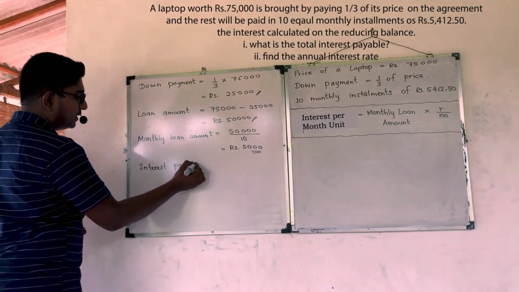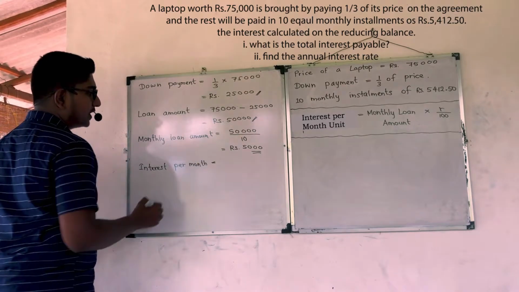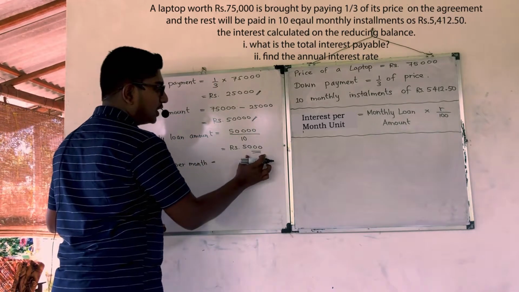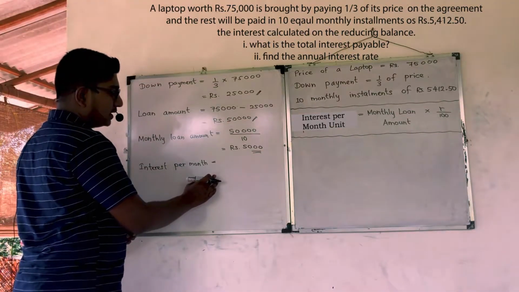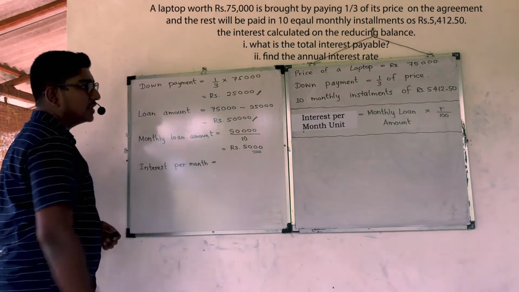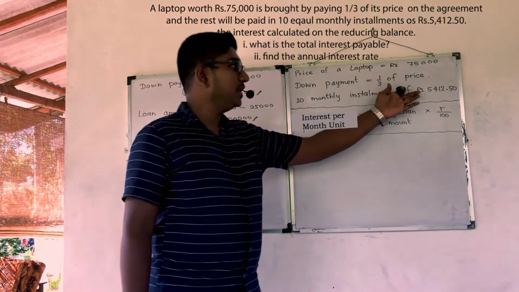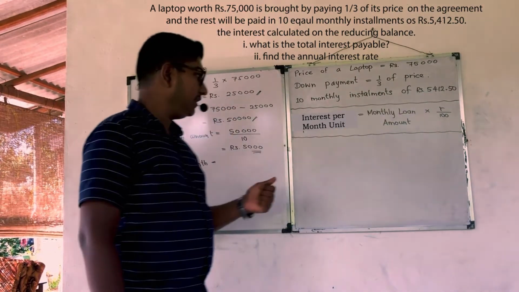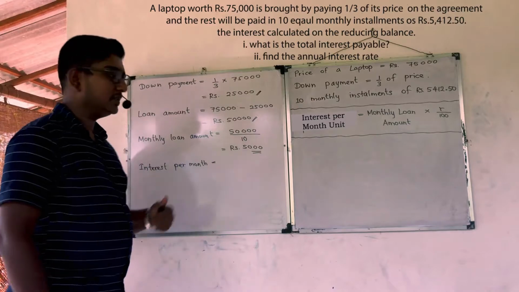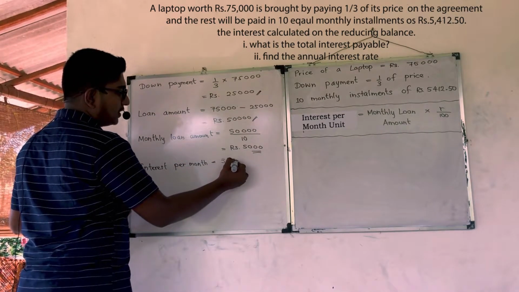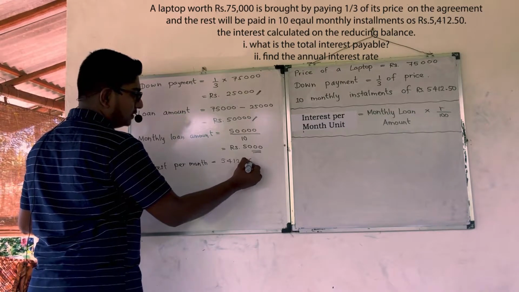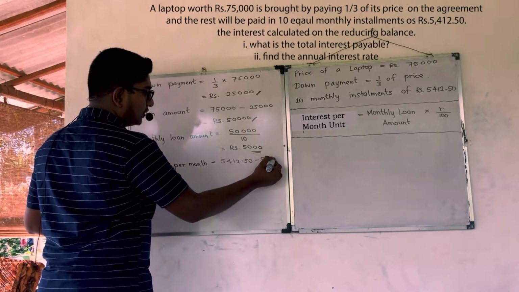Interest per month is the difference between actual installment paid and the loan amount per month. 5,412.5 minus 5,000.